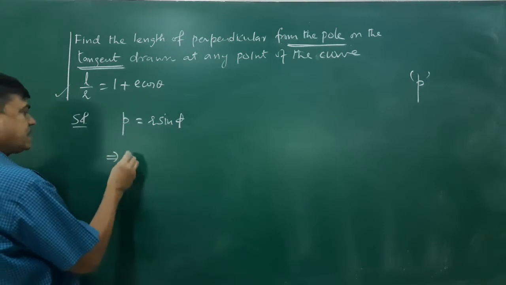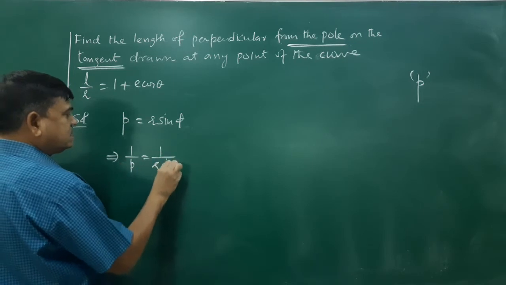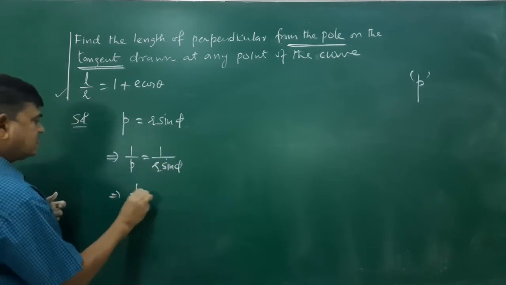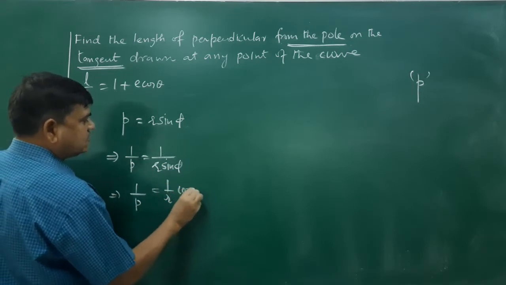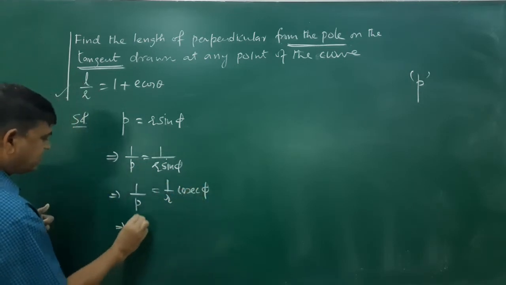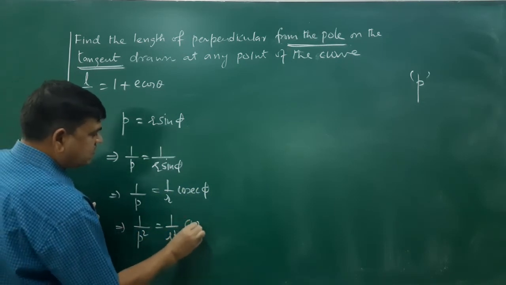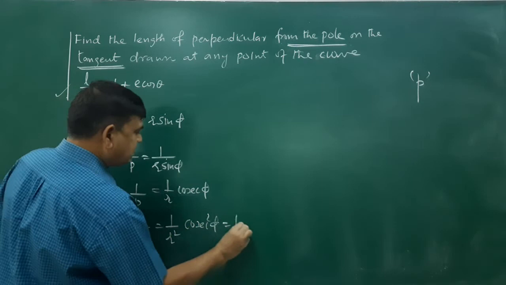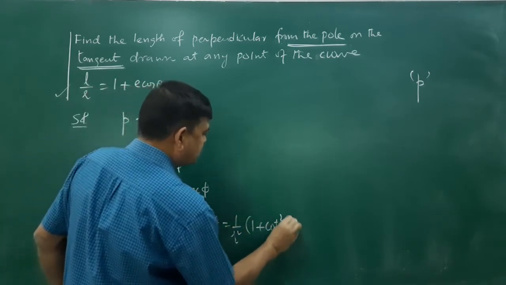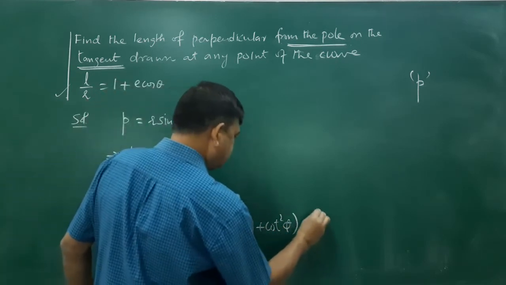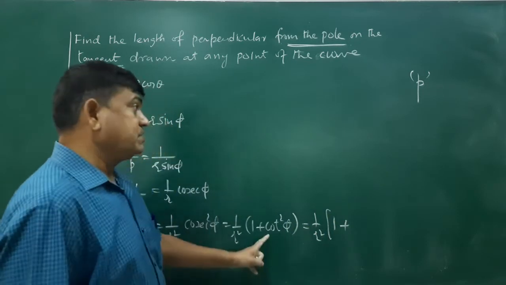This is 1 upon p. I write it again. 1 upon p equals 1 upon r cosec phi, 1 upon p square equals 1 upon r square cosec square phi, which is 1 upon r square (1 plus cot square phi).